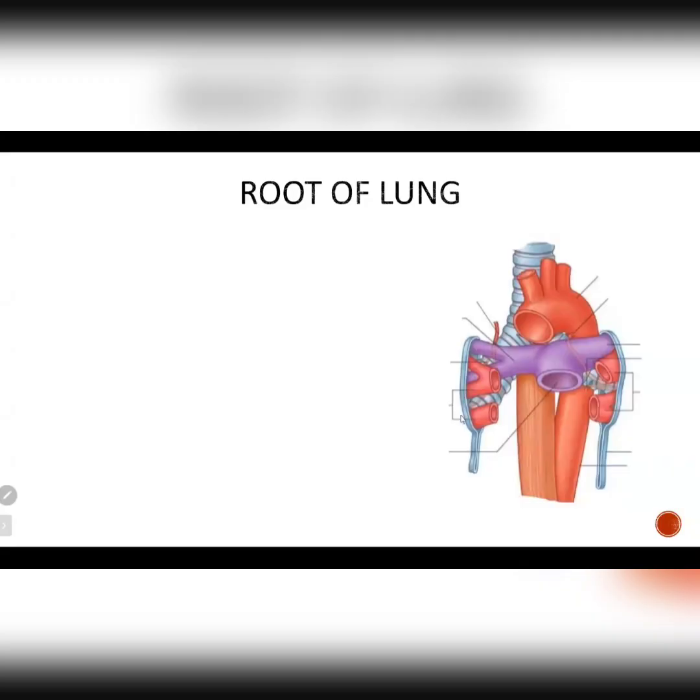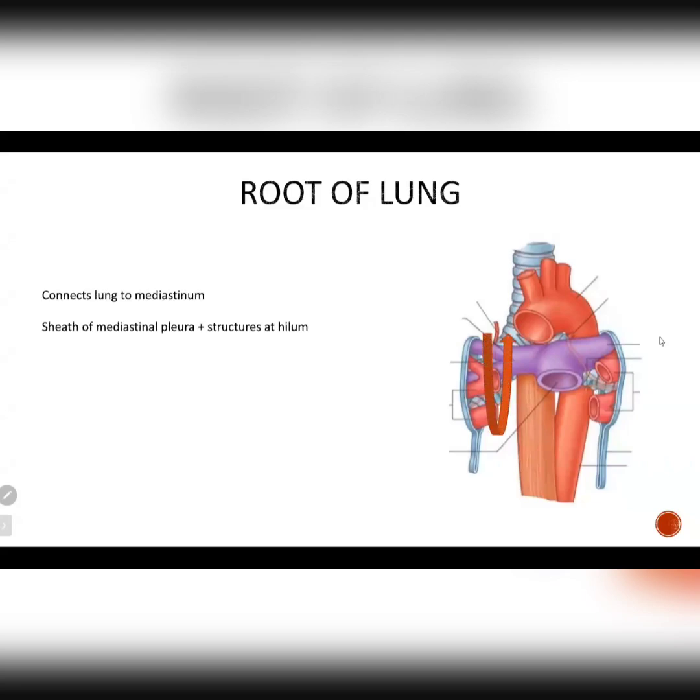So hilum, I had told you, is present on medial surface of the lung. Whereas there is another terminology called root of the lung. Root of the lung is what I have labeled with this arrow. Root of the lung are the structures which connect the lung with the mediastinum.